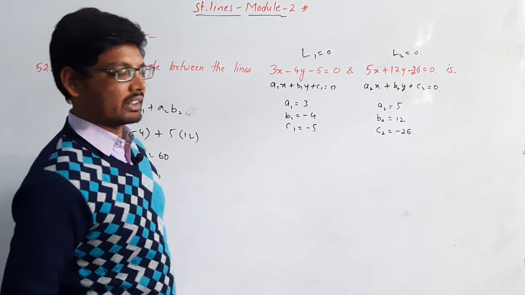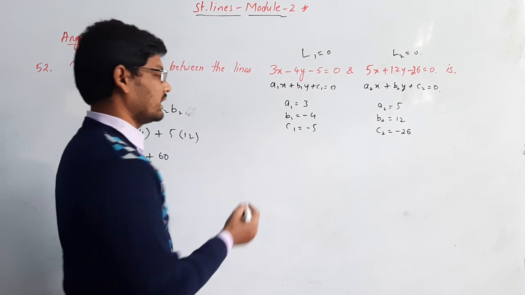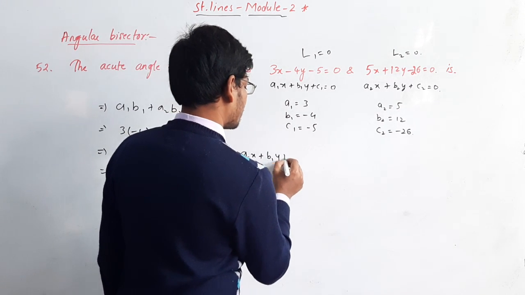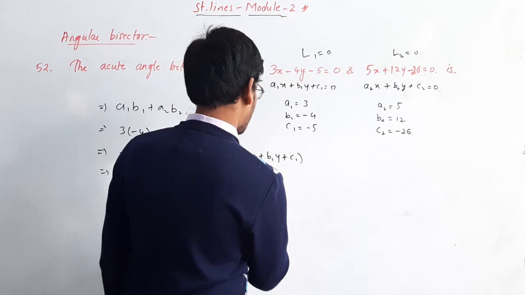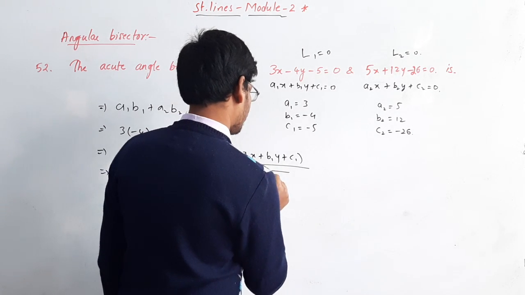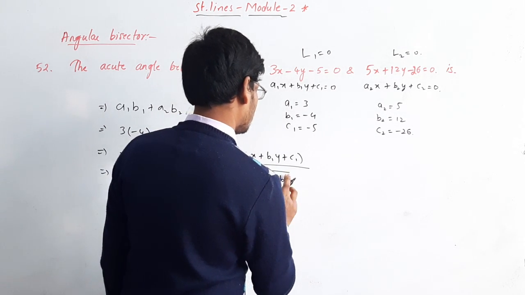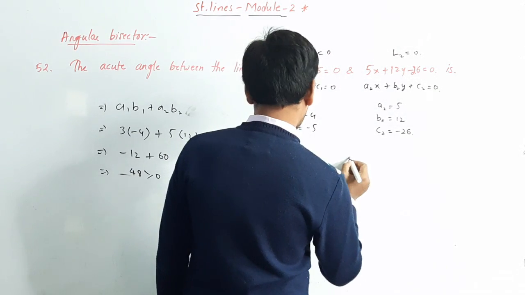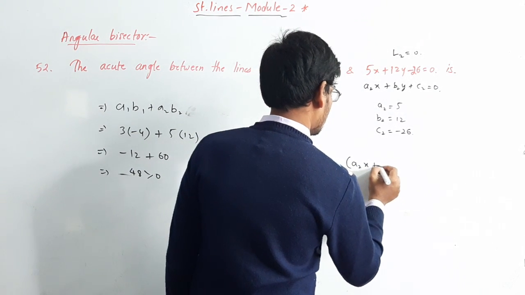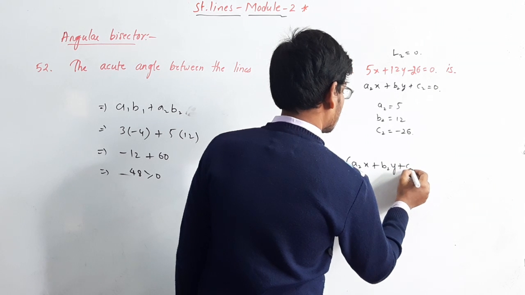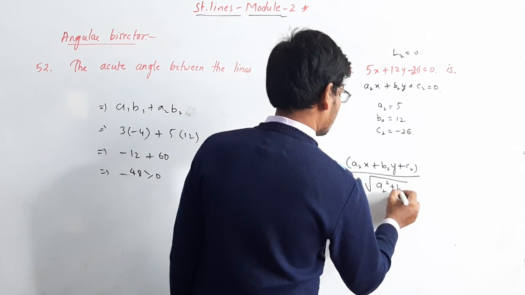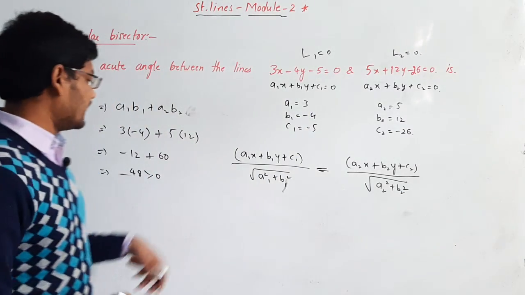Then the condition for this one is (a1x plus b1y plus c1) divided by square root of a1 square plus b1 square is equal to (a2x plus b2y plus c2) divided by square root of a2 square plus b2 square.